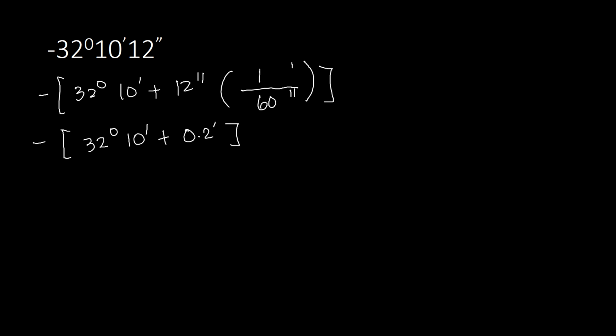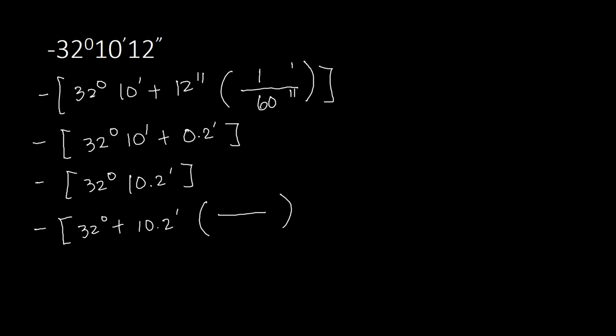Adding the minutes here, we have negative 32 degrees and 10.2 minutes. So we are now converting the minute part into degree part. So we have negative 32 degrees plus, we separate the 10.2 minutes by adding. And then we are converting that one into degrees.